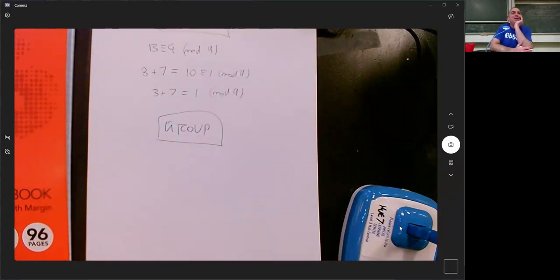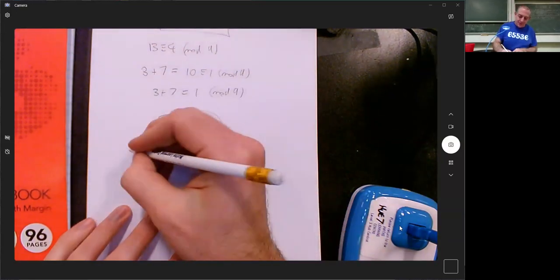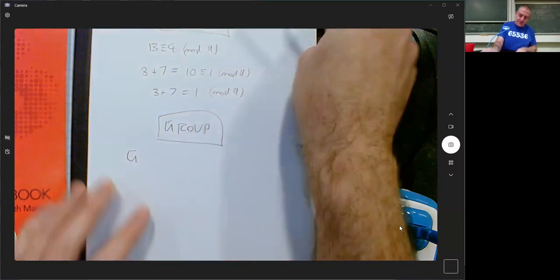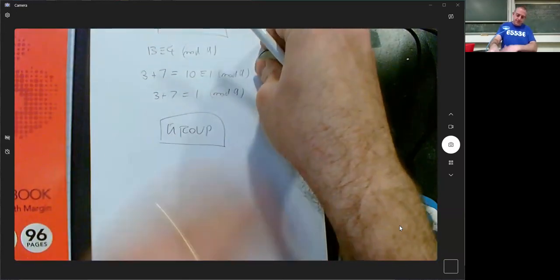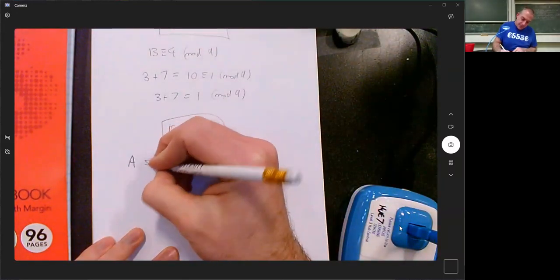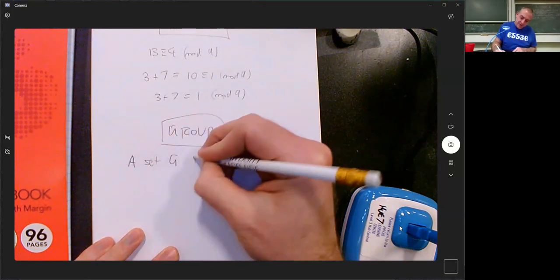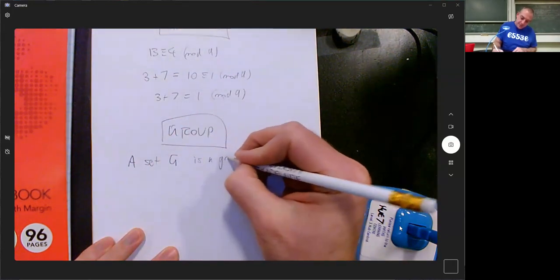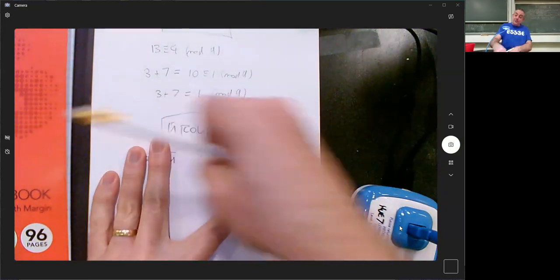It's good to try and remember it. What is the definition of a group? Okay, a set G with a binary operation. Yep.